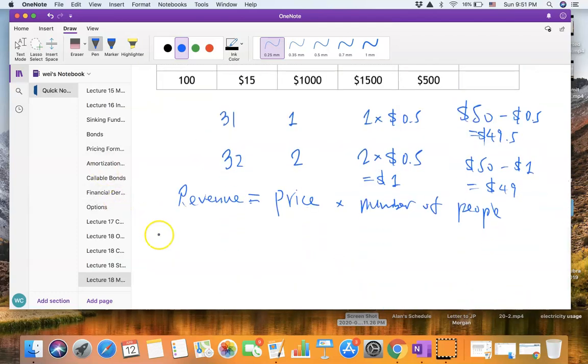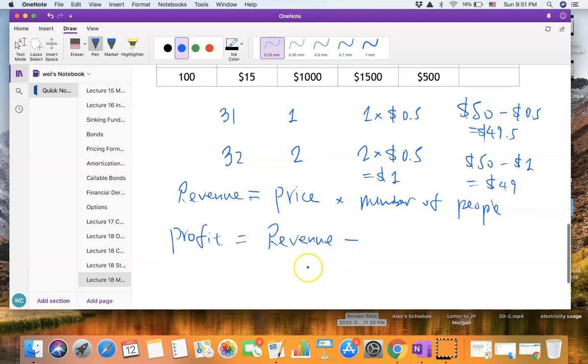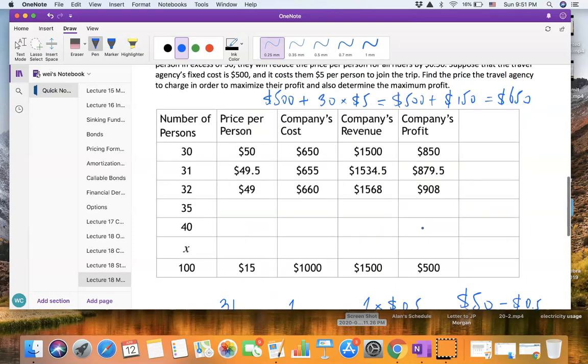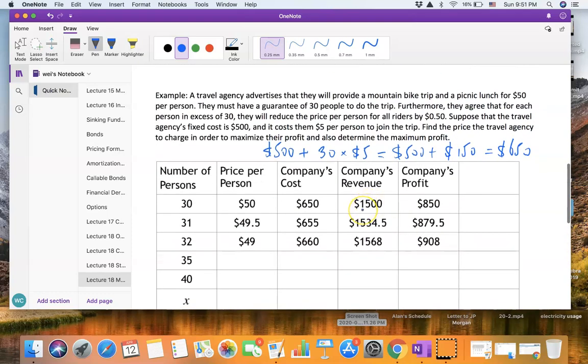And the profit, the formula for the profit is the profit equals the revenue minus the cost. So 1,500 minus 650, that's why the company's profit is 850.